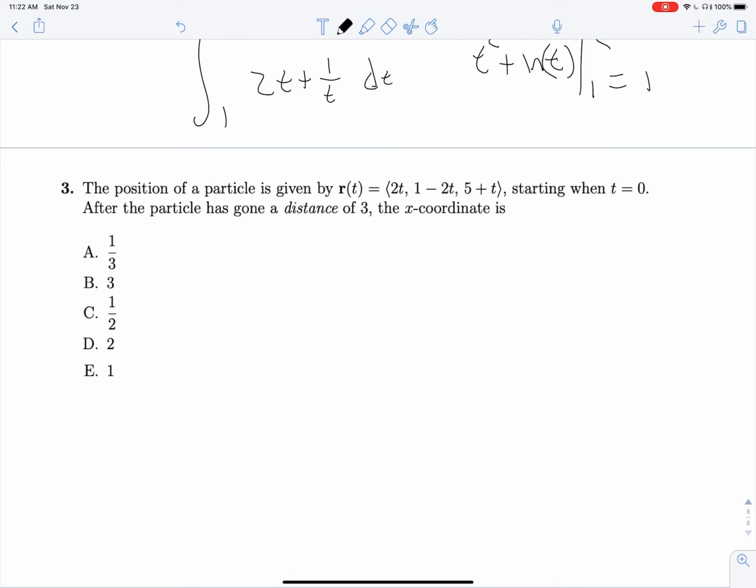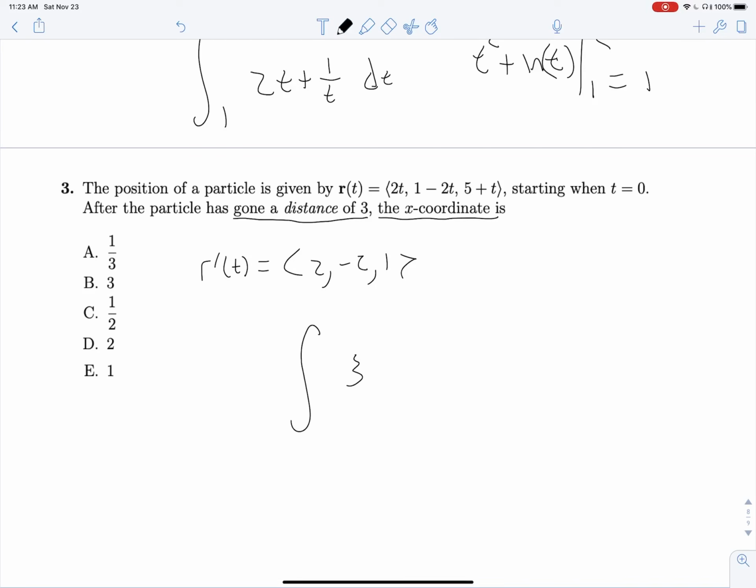Okay, and finally, it's another one where we're told that the particle has gone a distance of some value, and we're finding the x coordinate. So let's find our r prime of t. That's just going to be 2, -2, and 1. Well, the magnitude of this is just going to be the square root of 4 plus 4 plus 1, or just 3.